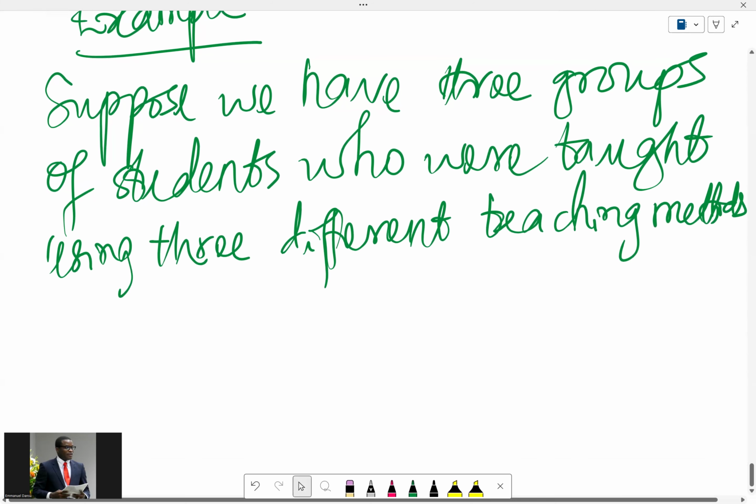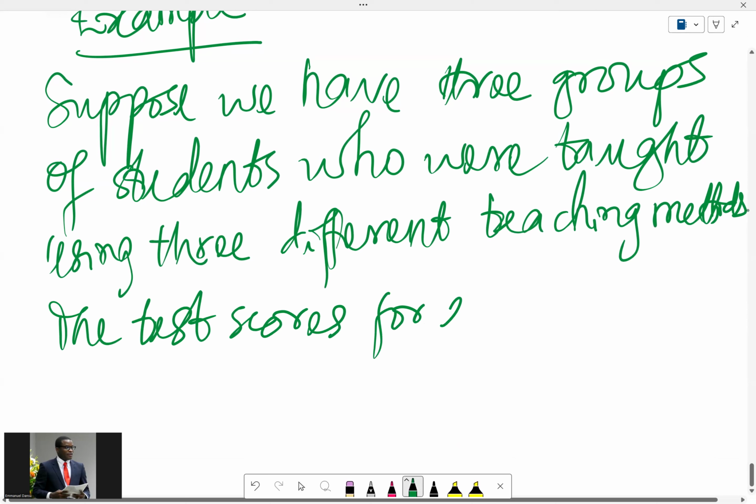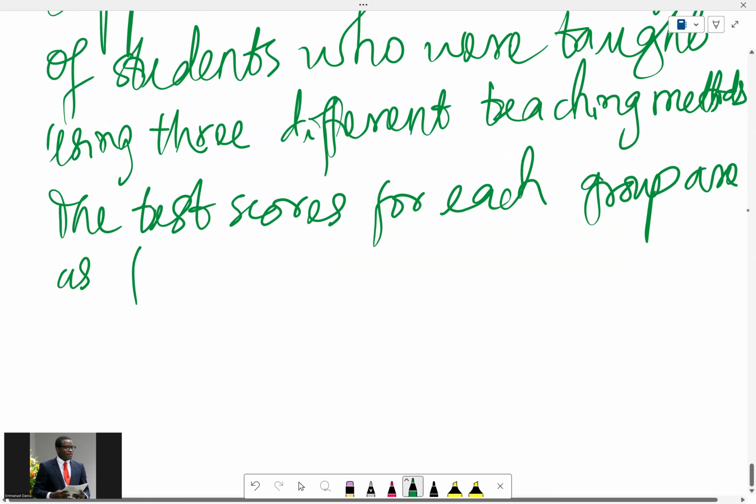The test scores for each group are as follows.